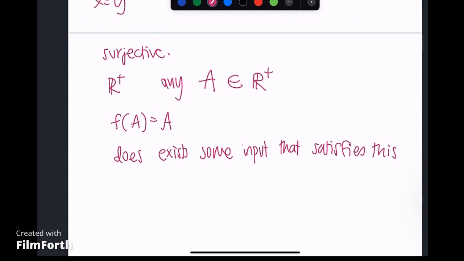And that's enough to show that it's both injective and surjective, which results in showing that it's bijective. Because by definition, any function that is both injective and surjective is bijective.